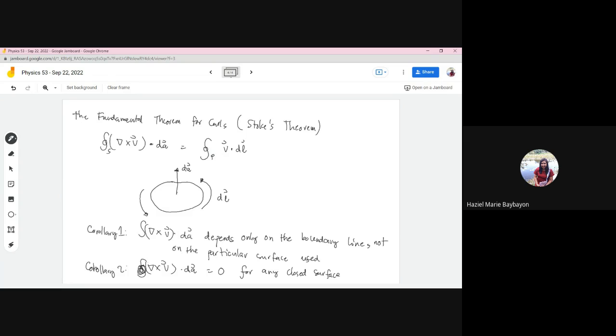The mouth of the balloon is where you put air in, class. So, like the mouth of the balloon, it shrinks down to a point. Hence, the right-hand side of Stokes' theorem vanishes. This is the right-hand side, this one.